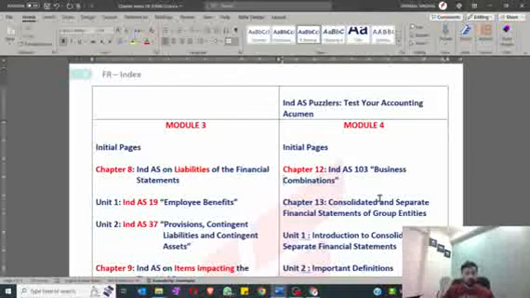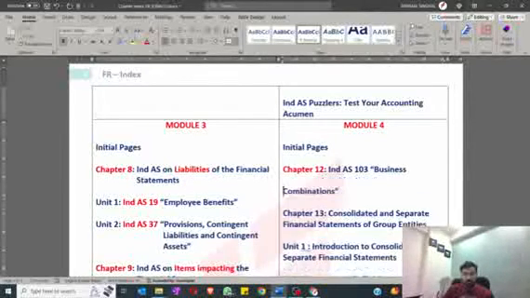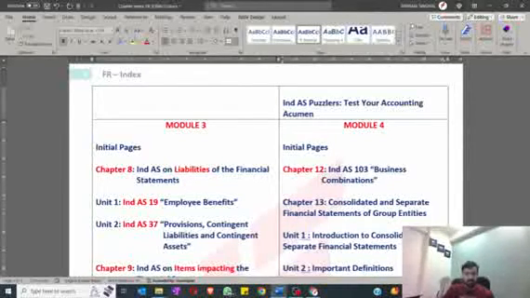Like HDFC Bank has acquired the HDFC Loans company. This is covered or dealt with in Ind-AS 103 business combinations. Although, for your knowledge, banks in India are still not required to apply Ind-AS on their books.